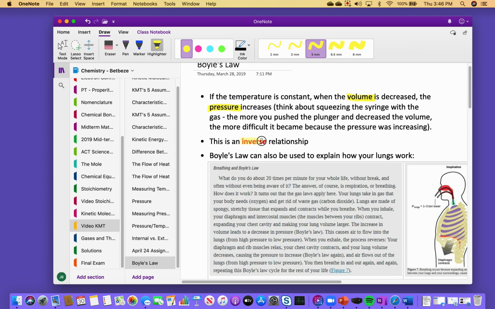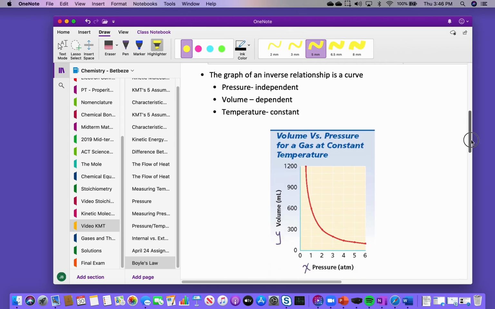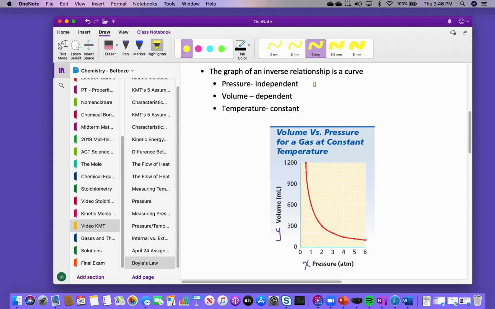Okay, we see that inverse relationship. And you also want to make sure that you understand which variable is graphed on the x-axis, which one is graphed on the y-axis. You understand what the general shape of Boyle's law graphed would look like. Remember, we said because it is an inverse relationship, we're going to see that curved line.